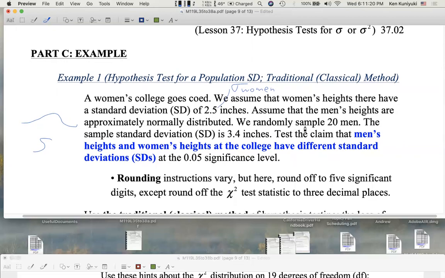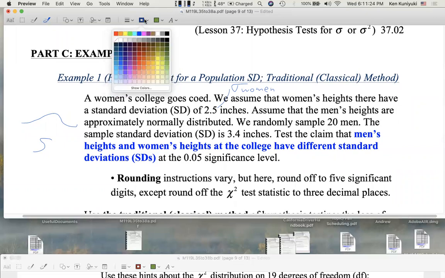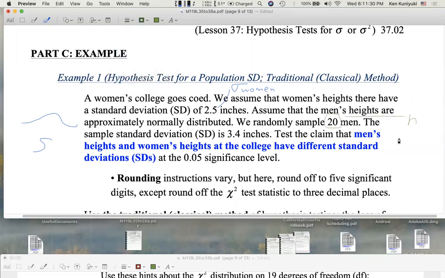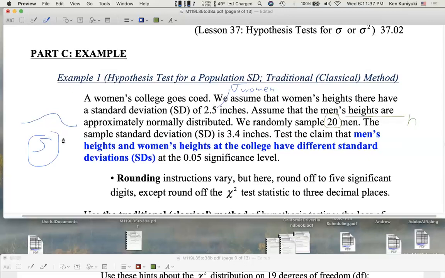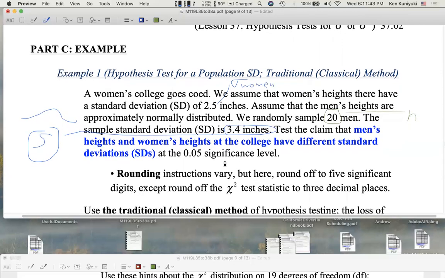Okay, so we randomly sample 20 men, and by the way, 20 is going to be the value of n, the sample size. Okay, and here finally the sample standard deviation is going to be 3.4 inches. A variance, by the way, would be measured in square inches, although that might be a meaningless unit in the context of things.